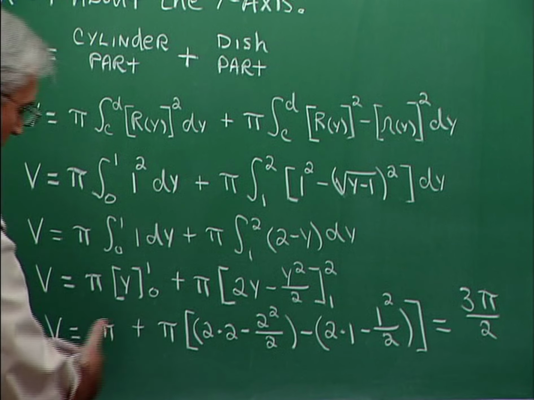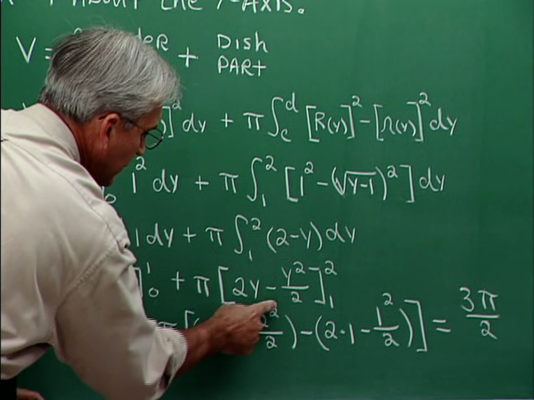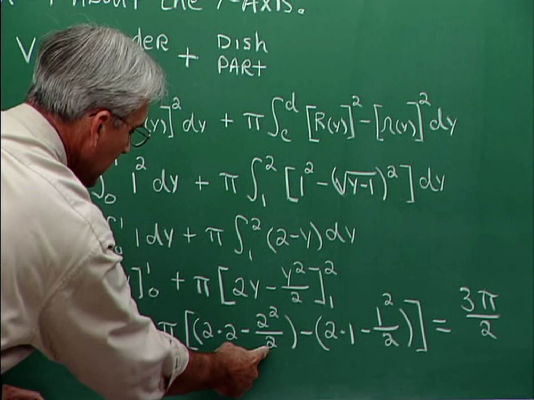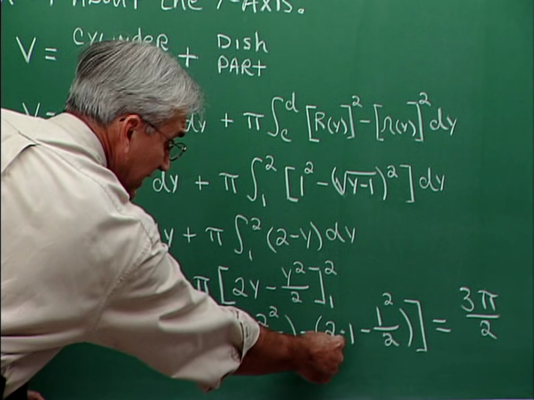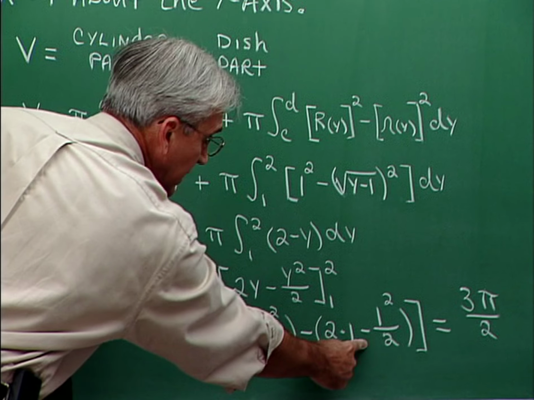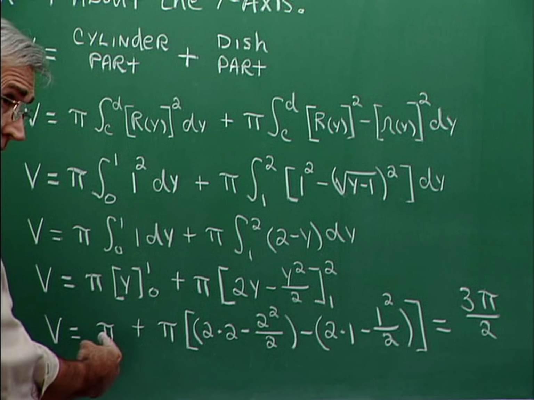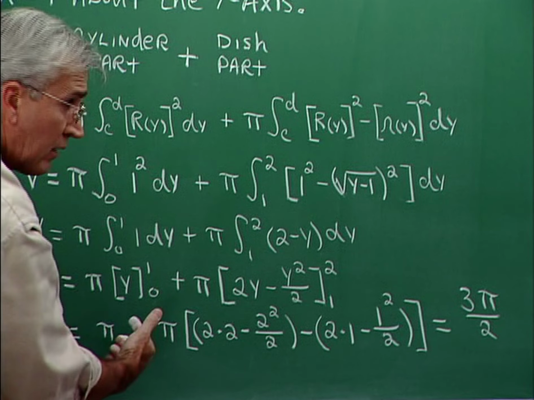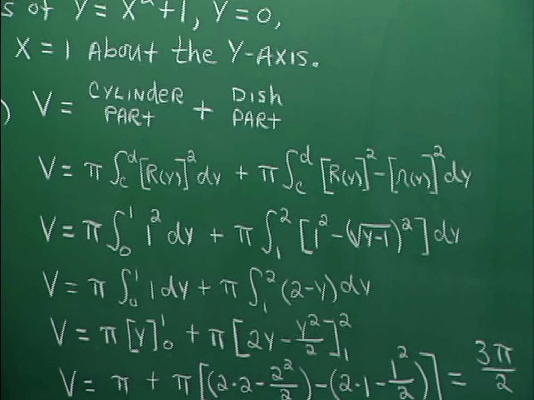And when the smoke clears on all of this and we collect it, it's pretty easy to see, this is 2 squared, 4 over 2 is 2. And this is 4. So we have 4 minus 2 is 2. And then minus this 2, all of this stuff goes out. So minus minus is plus, and this is just 1/2. So this is 1/2 pi plus pi, 1.5 pi, or 3/2 pi, or 3 pi over 2 for the volume of this overall figure.